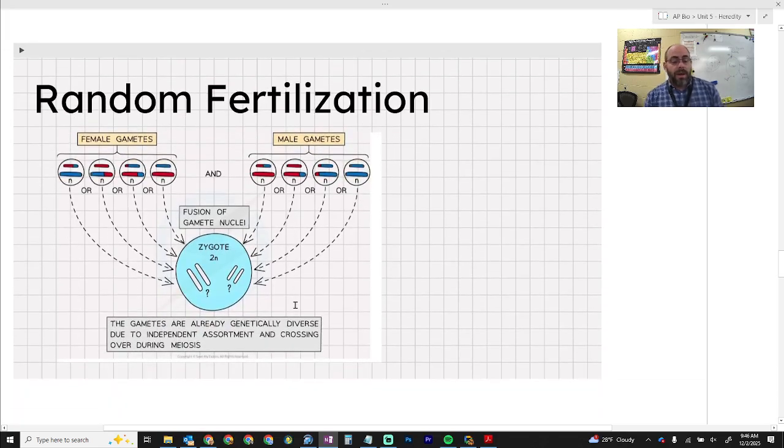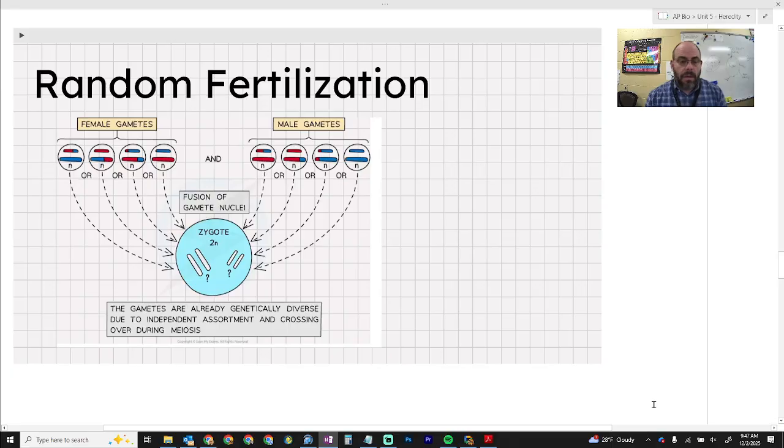And then random fertilization. The word random is a word that gets way overused nowadays. So what does this mean? Female creates a bunch of gametes, male creates a bunch of gametes. What is the chance that gamete 1 is going to combine with gamete 2 over here, right? Well, it's a math problem. We're not going to do that sort of math in here.